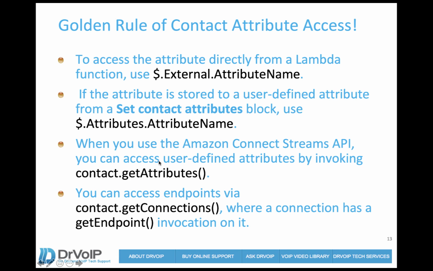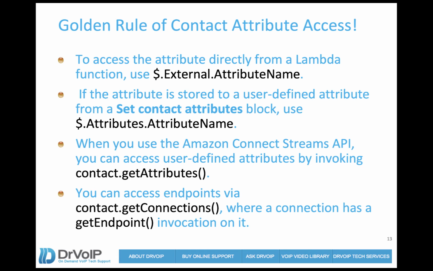If it's a contact attribute that you created in your contact flow, then it's considered to be user defined, and as such, you set the contact attribute block, and you're going to refer to it as $attributes, plural, variable name. So $attributes account code.